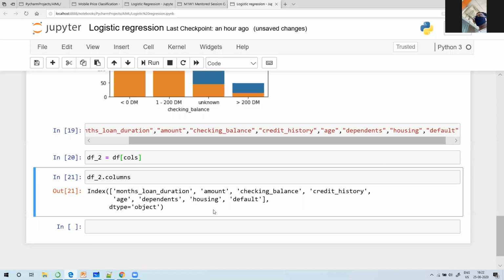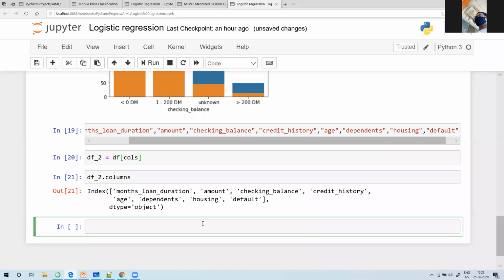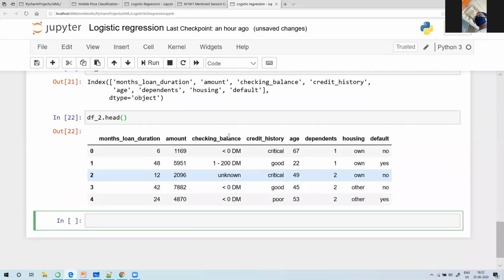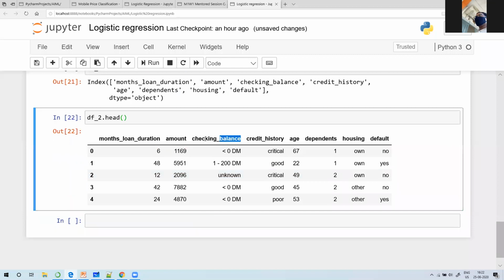There's one more problem here. Let me explain that problem to you. Dot head. If you look, these columns, actually three columns, checking_balance, housing and default, and even credit history, are categorical variables. Now we cannot have categorical variables. Why?